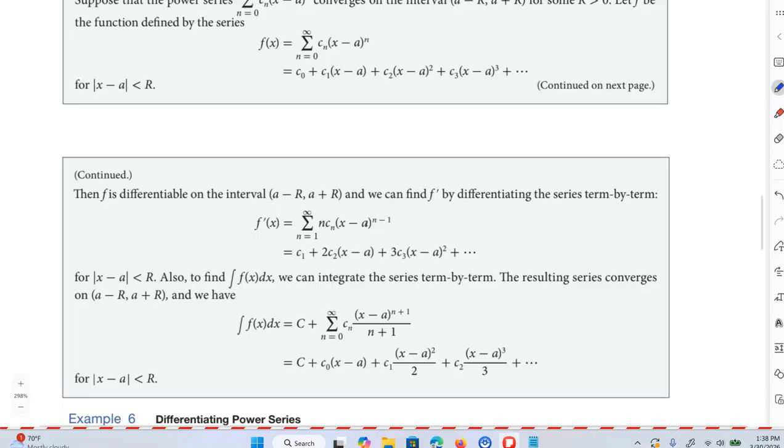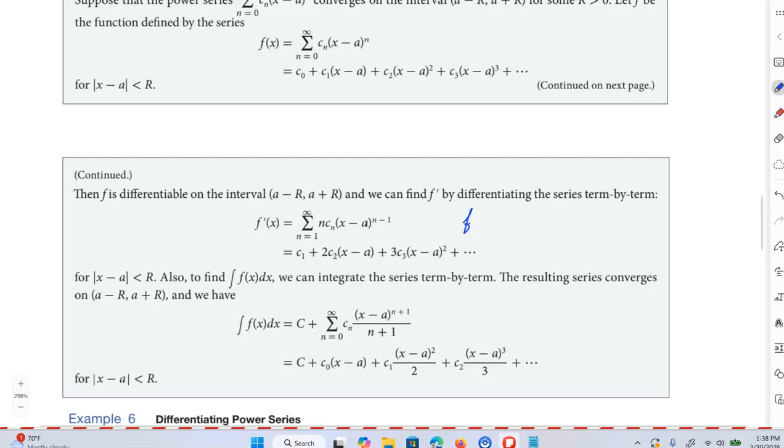I'm just writing it really concisely as a summation. That first term is a constant, and when I take the derivative of a constant, I get 0. So instead of starting at 0, that derivative is going to start at 1. If I wanted a second derivative, that derivative would start at 2, and I would take that derivative the same way.